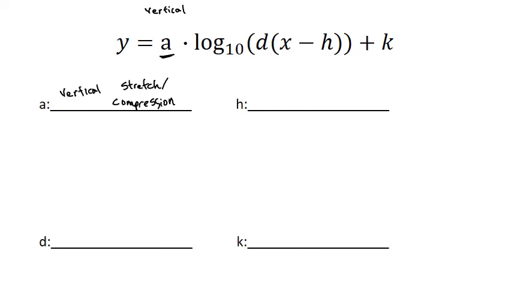Now let's look at, in this case, our d value, what it is that we're multiplying by. So this value, if you notice, is directly affecting the x. We're multiplying by this value before we even take the logarithm. So this has to be a horizontal change.